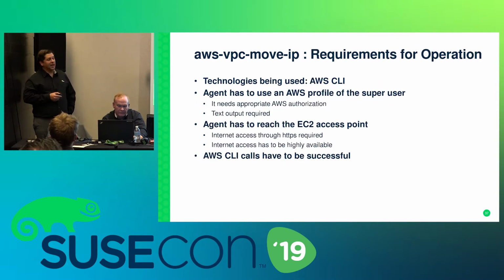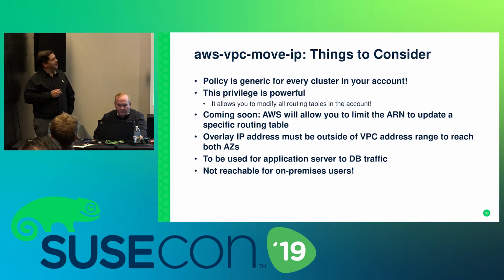Requirements, again, AWS CLI. The agent has to reach, once again, the EC2 access point. Pretty much it. Things to consider. As with the STONITH mechanism, if you don't configure this right manually, things may move to a system that is not ready to take the load.